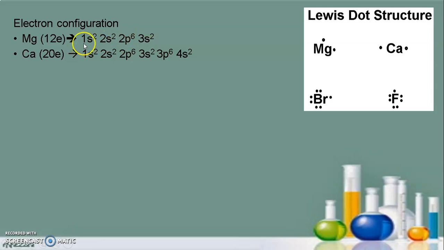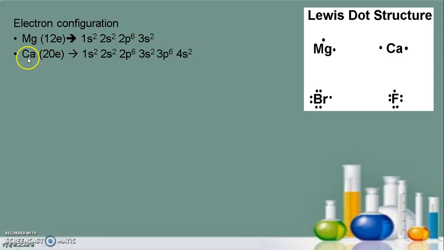Between these, the highest principal quantum number is 3. Then look at the subshell. How many electrons are found in the subshell? Magnesium has 2 electrons in the s subshell. So the grouping of your element is a representative element.